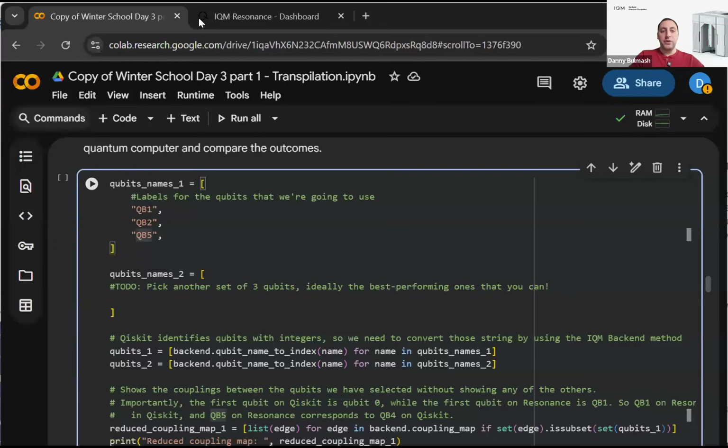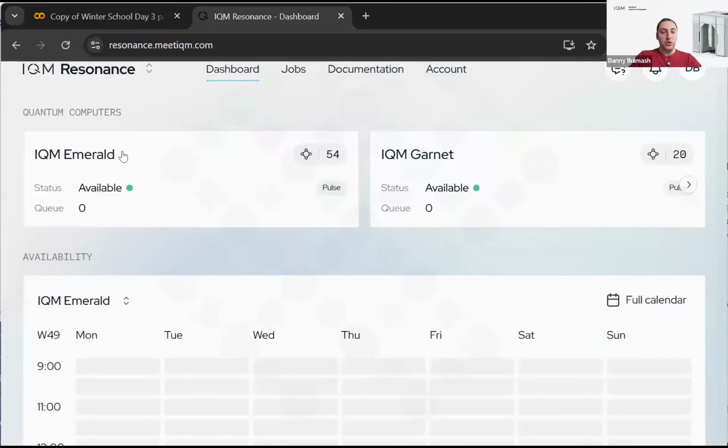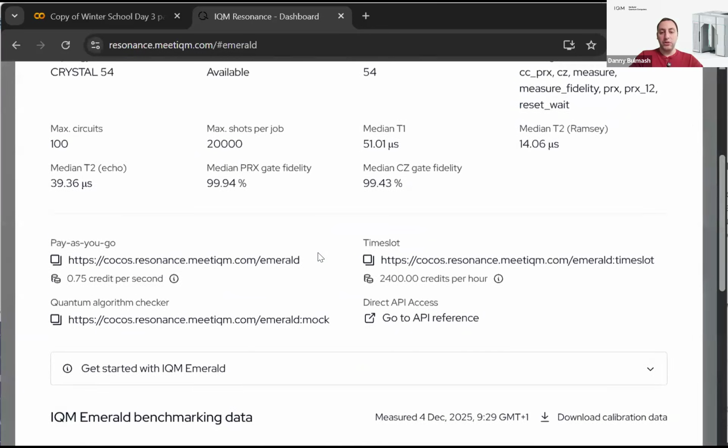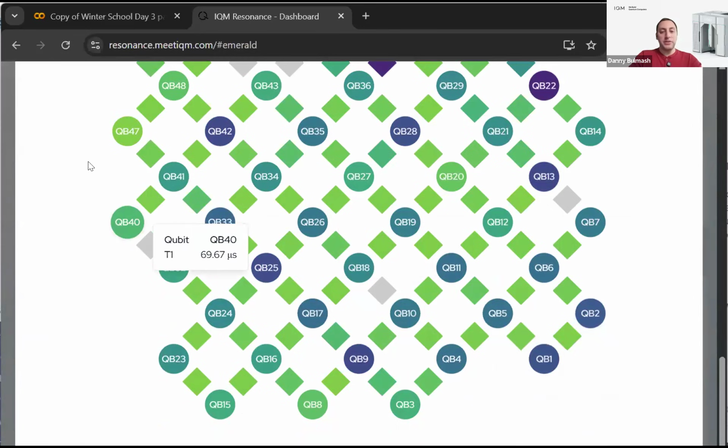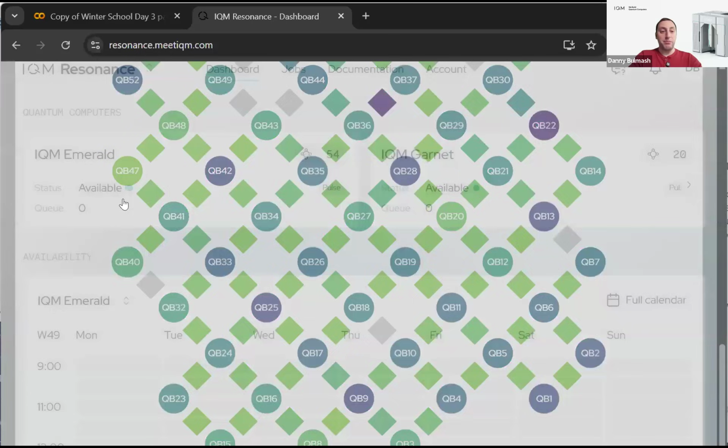And if we're working on Emerald, for those of you who chose to work on Emerald, that's qubits 1, 2, and 5 over here. So these three qubits are also connected to each other. I'm just going to work on Garnet, but you can do the same idea on Emerald as well.